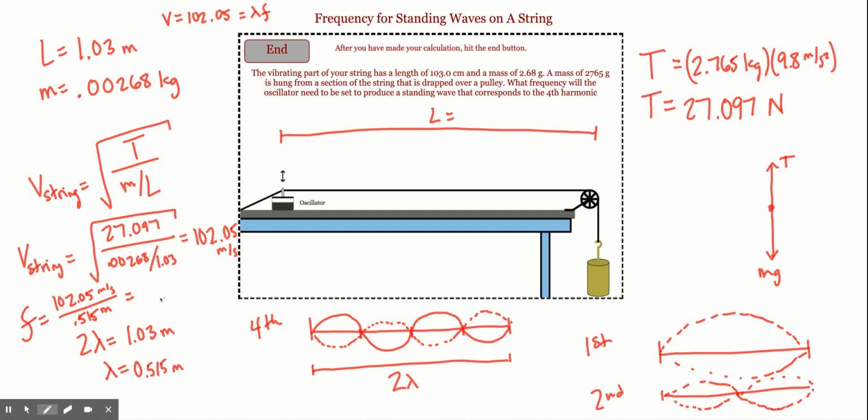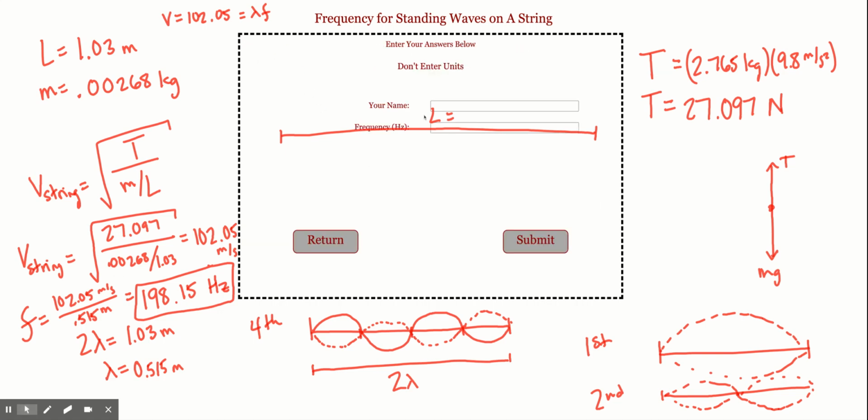I get 198.15. And I apologize, I kind of went all over the page here, but hopefully you can follow in order what I did. But 198 is my overall final answer.